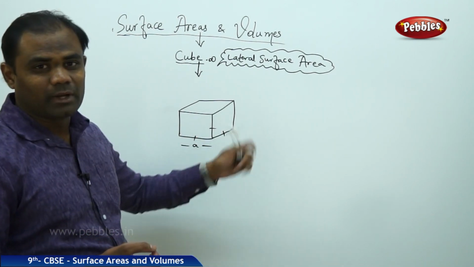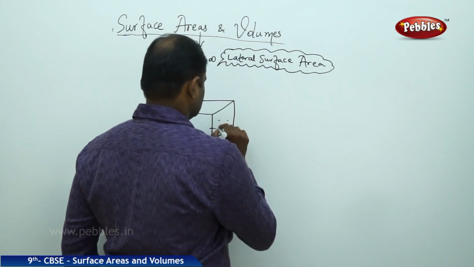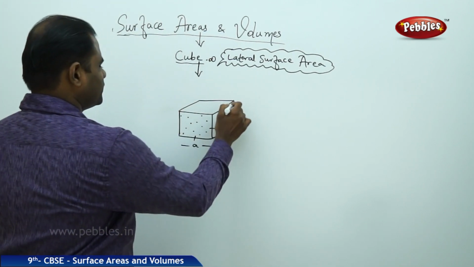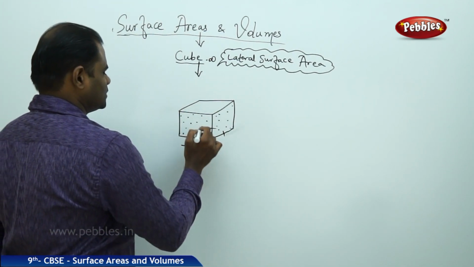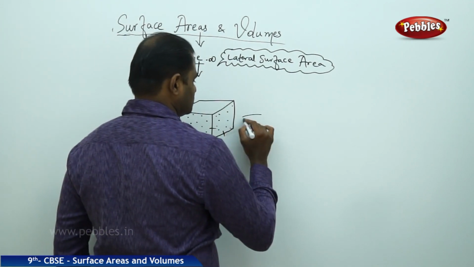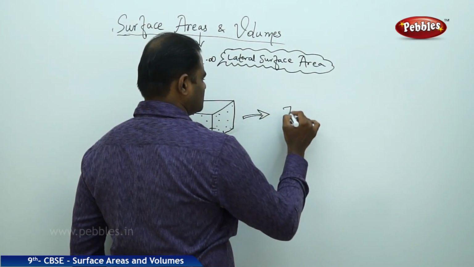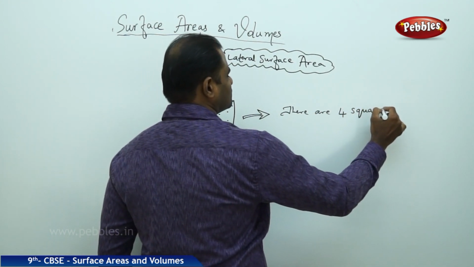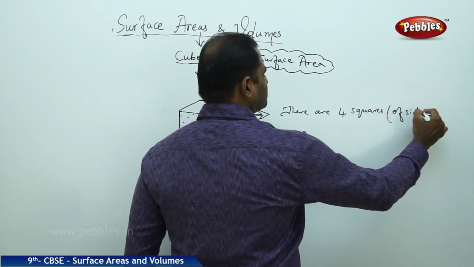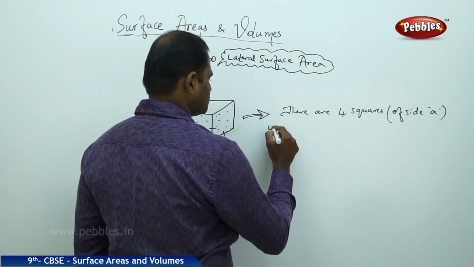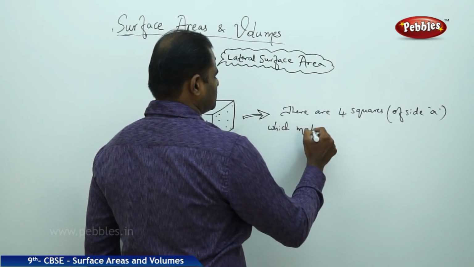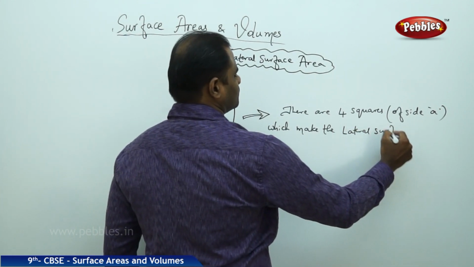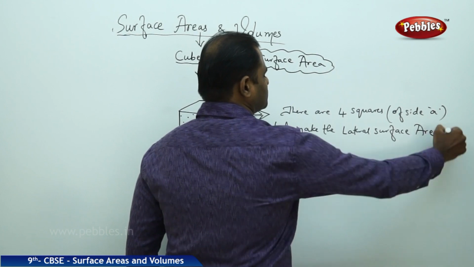Each of the faces is a square, therefore as we take the dotted region, there are 4 squares of side a which make the lateral surface area.